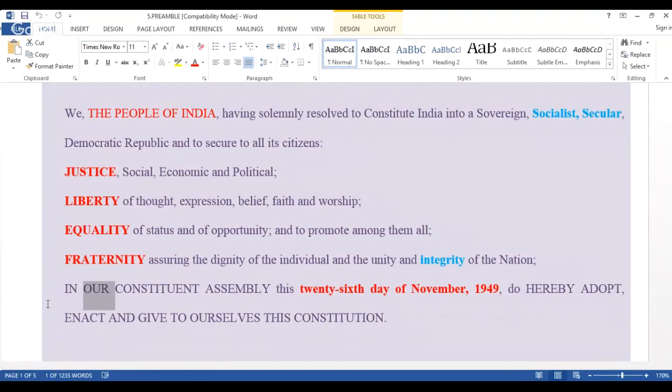Is that okay? When, on the 26th day of November 1949. Am I clear? This is very, very important. Why we have used the words we, the people of India, and what is the meaning of the last two lines, I have explained to you now. Now, let's go into the details of this. Okay, so hope you are getting this nicely.